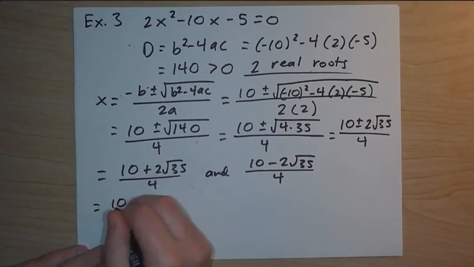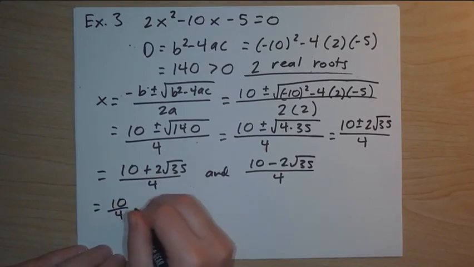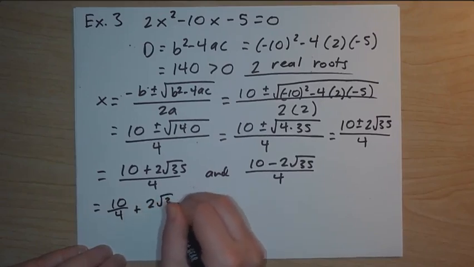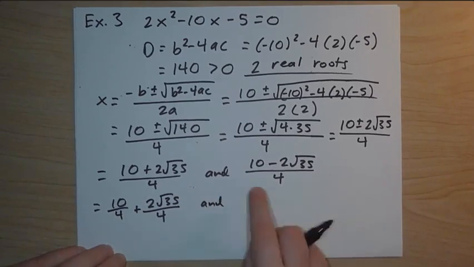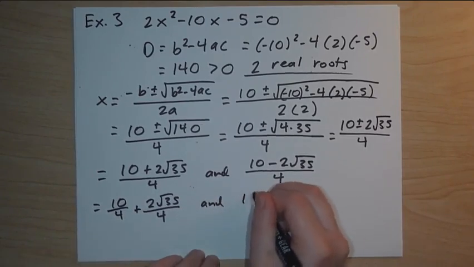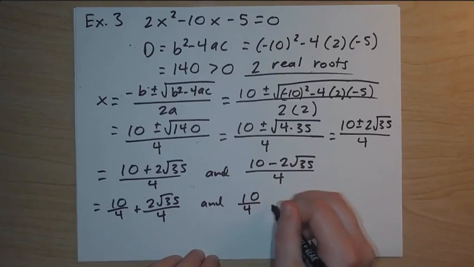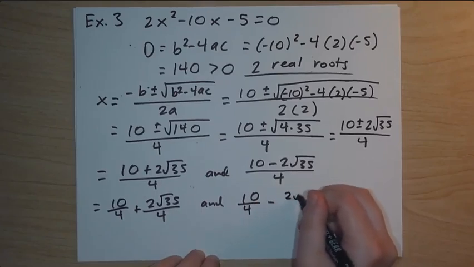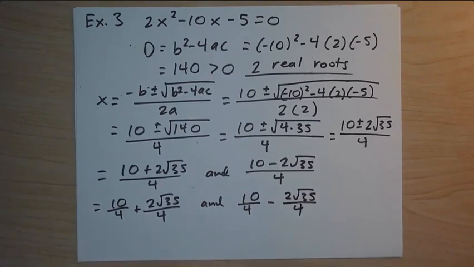We can separate it into 10 divided by 4 plus 2 times the square root of 35 divided by 4, and we can do the same thing for this one. This is the same thing as 10 divided by 4 minus 2 times the square root of 35 divided by 4. Now all that's left to do is to simplify these fractions.